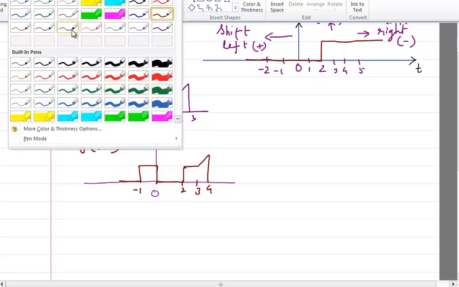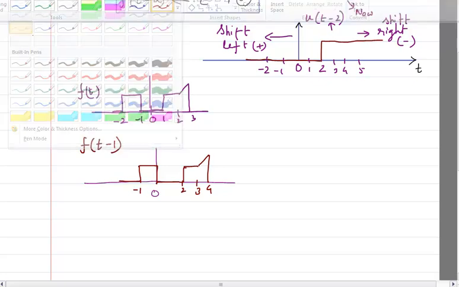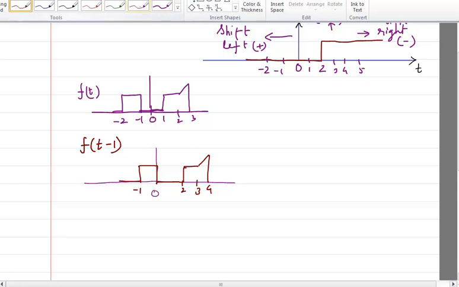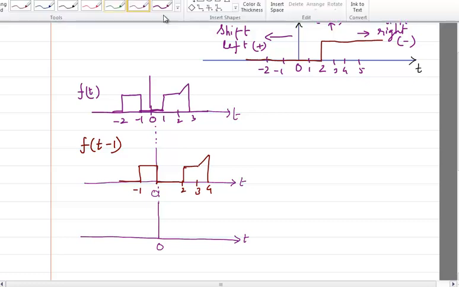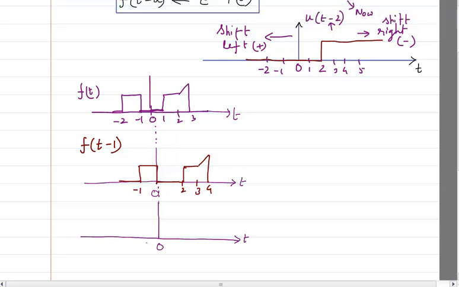Okay, let me draw it in another way. Let me draw it again, so I am drawing the 0 axis where it was originally 0. I am always trying to maintain the 0 at the same point. So now I am having 0 here, and now suppose I am going to draw the signal like this.